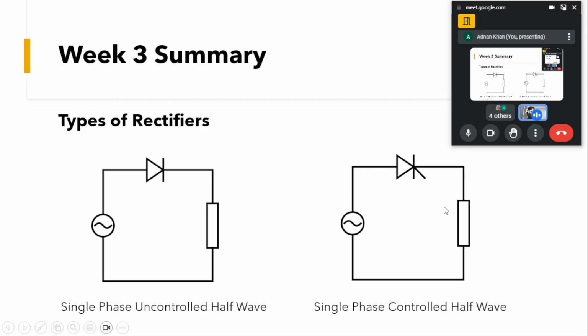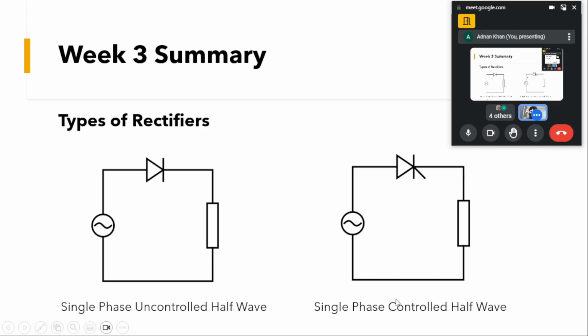This one towards my right is still a half wave rectifier. However, we can control its turn on. If we don't want to turn it on at the 0 point, or omega t equal to 0, we can turn it on at some alpha at which we want it to turn on. For the SCR we are able to control its turn on, at what time we want to turn on this SCR is up to us.